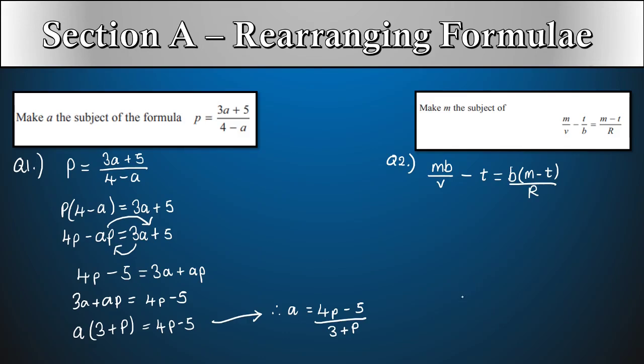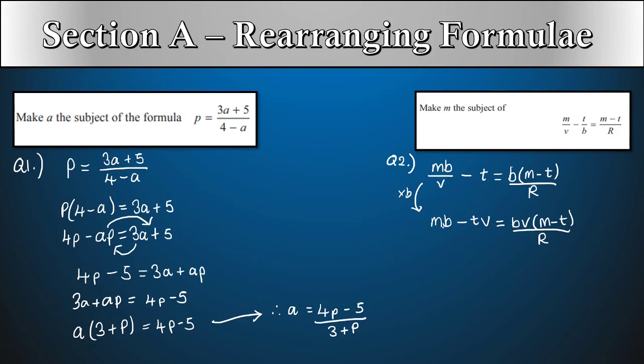Now again, I'm going to keep timesing through by my denominators. So now I'm going to times through by this v. So I'll just write all this out. Okay, so just to explain what we've just done. We had mb over v, so I times through by b then, and you're doing that with each expression here.